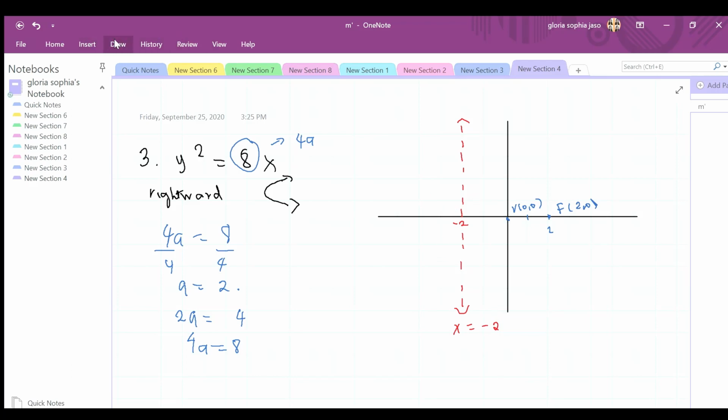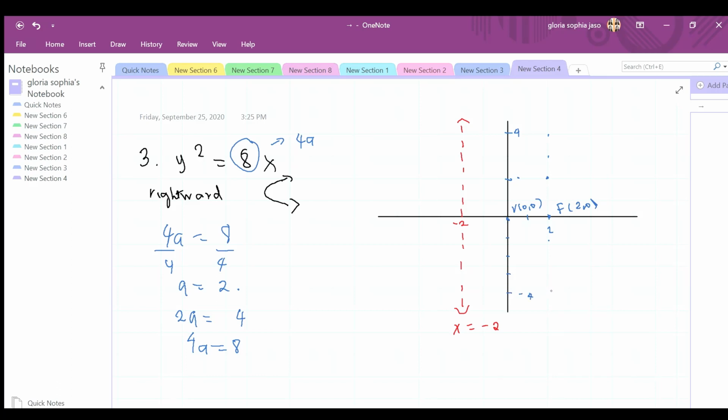Okay, and then let's draw the endpoints of the latus rectum. From the focus, we will move 2a units, or 4 units. So we will move up and down. 1, 2, 3, 4. So that's 4. And here is 1, 2, 3, 4.